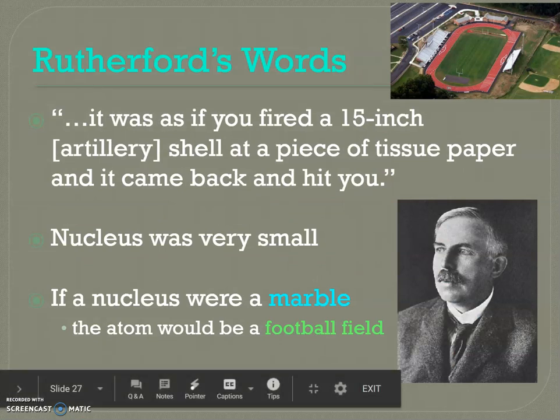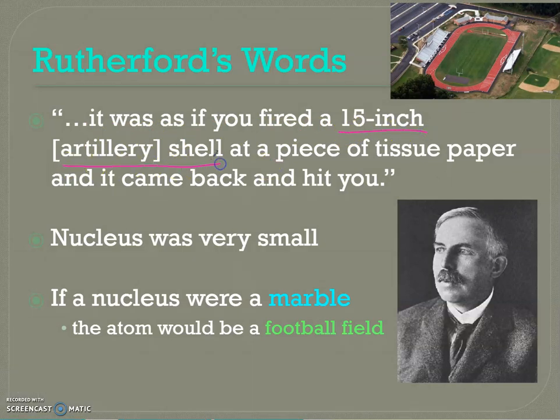To quote Rutherford, it was as if you fired a 15-inch artillery shell, which is like a cannonball, at a piece of tissue paper, and it came back and hit you. With a scale, this is our Schwarzman Stadium here at Abington. If the nucleus were a marble, the atom, where the electron cloud would be, would be the size of the football field. So there you have your little dot in there.